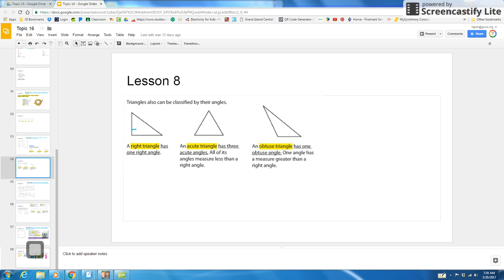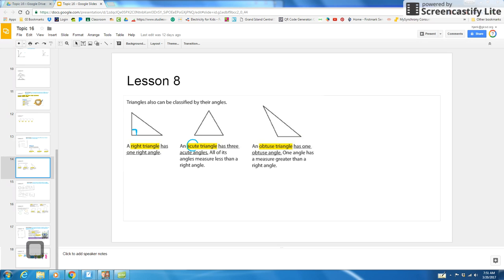A right triangle means one of those angles is exactly 90 degrees, or a right angle. That right angle can make it into an isosceles triangle or a scalene triangle, but it can also be called a right triangle based on that angle.